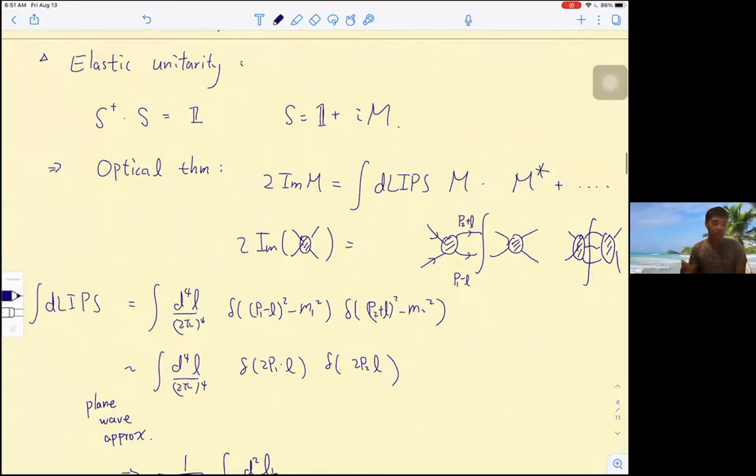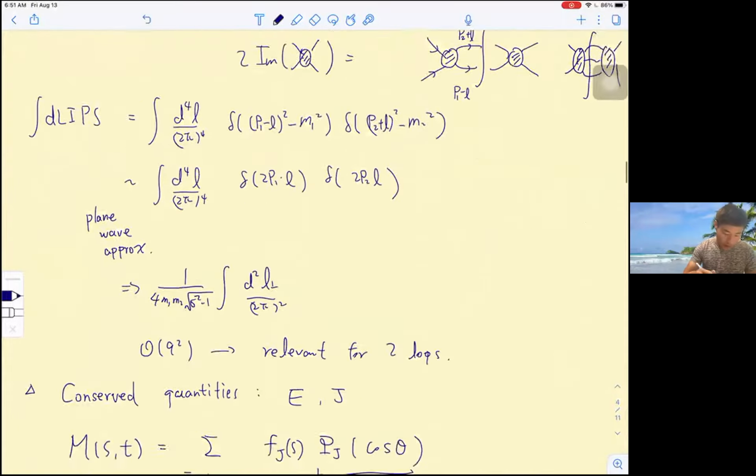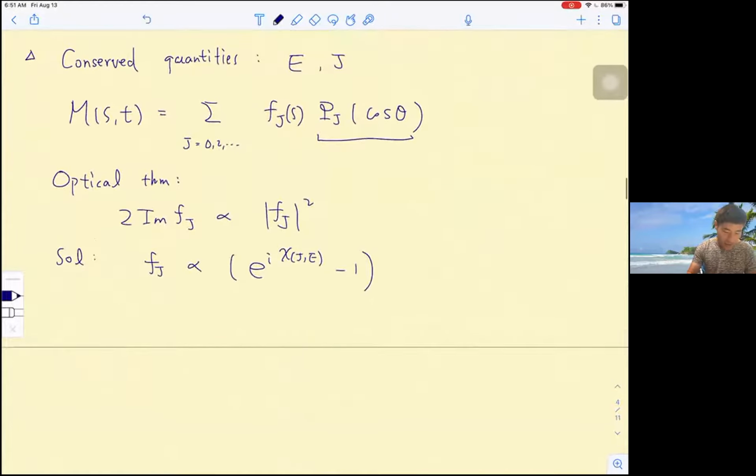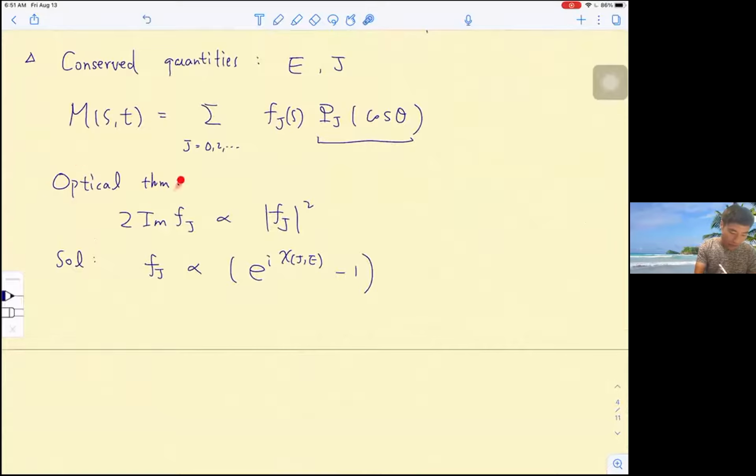But you can control this by demanding that all the gravitons are in the potential mode, and therefore they don't correspond to physical intermediate states. In that case, the amplitude, according to the optical theorem, is simply given by this relation in the partial wave basis, and unitarity demands that this partial wave should exponentiate.